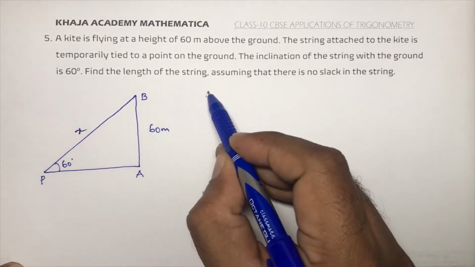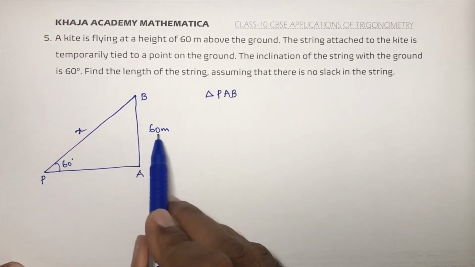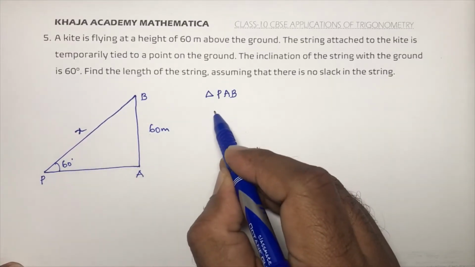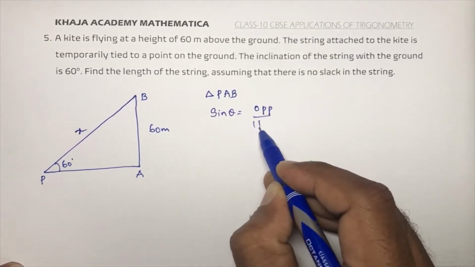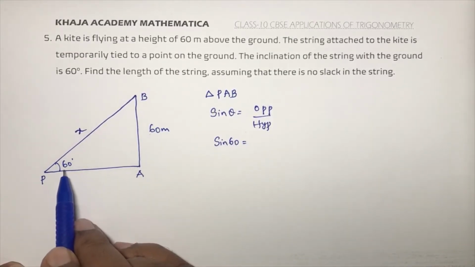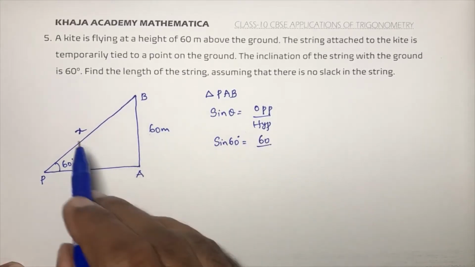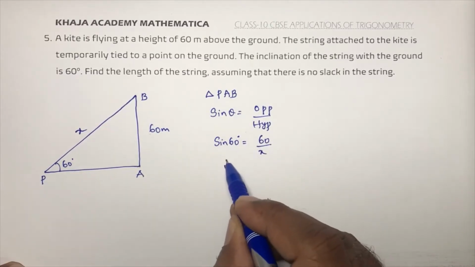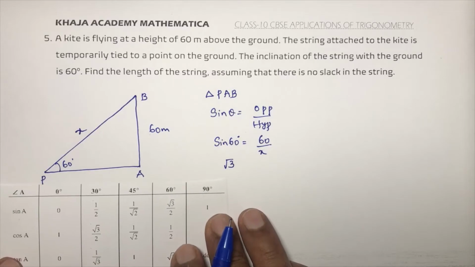In this problem, in triangle PAB, see we have the angle, this is opposite to the angle and this is hypotenuse. Theta, opposite, hypotenuse, so I'll use the sine ratio, opposite by hypotenuse. Sine 60, opposite is 60 meters, hypotenuse is x. First substitute the sine 60 value, see in the table, you'll get root 3 by 2.